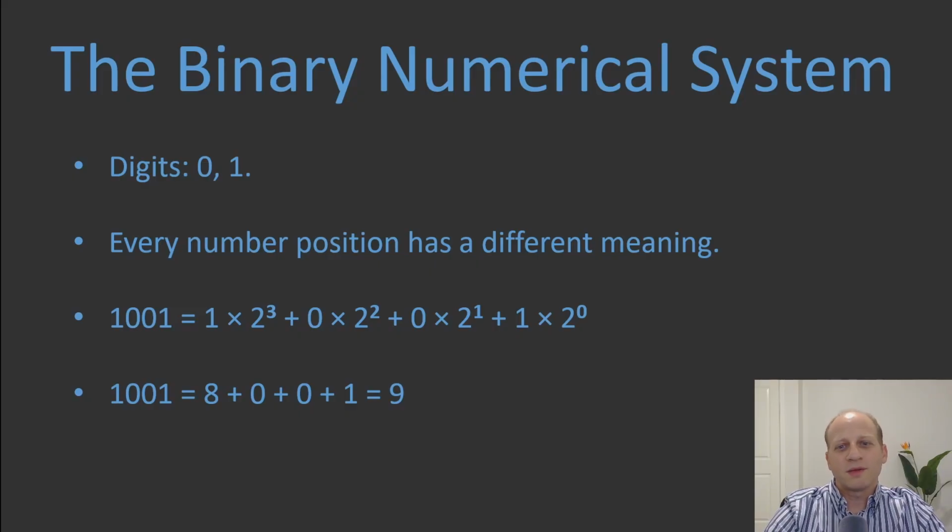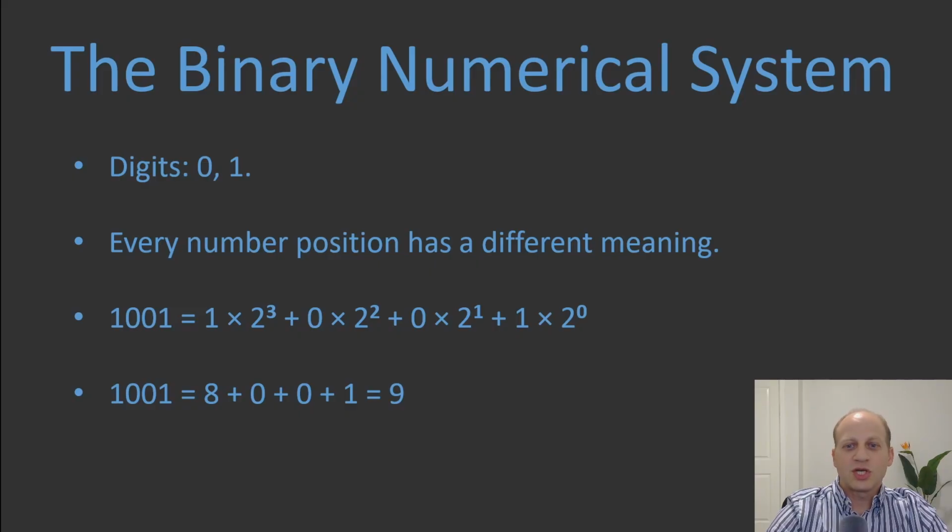If we look at the example of 1001, it will mean 1 multiplied by 2 to the power of 3 plus 0 multiplied by 2 to the power of 2 plus 0 multiplied by 2 to the power of 1 plus 1 multiplied by 2 to the power of 0, which is 8 plus 0 plus 0 plus 1, which means 9 in decimal.